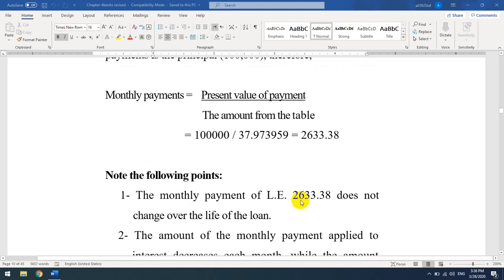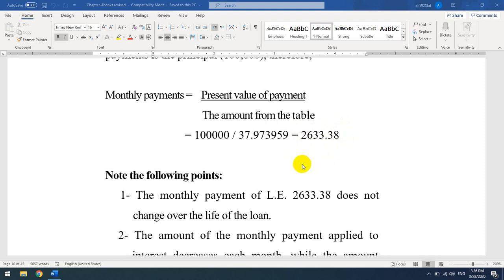Okay, Muhammad Ali will pay by the end of each month an equal amount equal to 2,633.38.